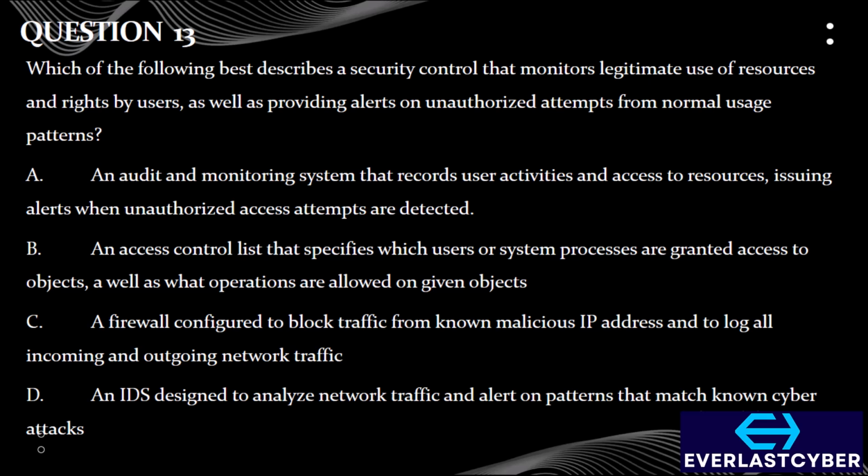B. An access control list that specifies which users or system processes are granted access to objects, as well as what operations are allowed on given objects. C. A firewall configured to block traffic from known malicious IP addresses and to log all incoming and outgoing network traffic. D. An IDS designed to analyze network traffic and alert on patterns that match known cyber attacks.